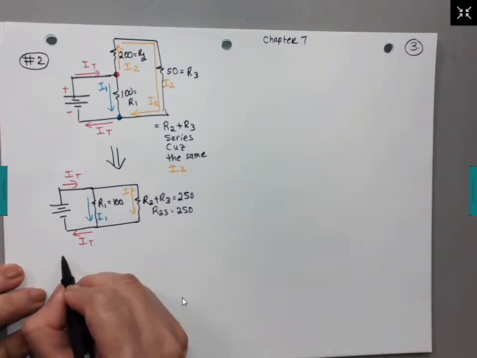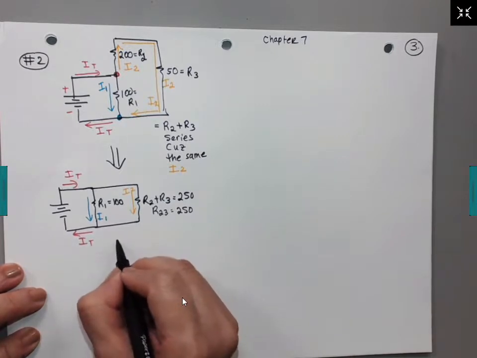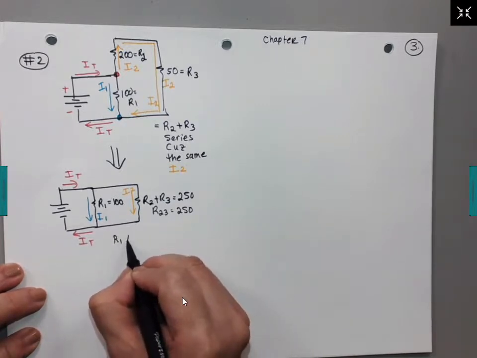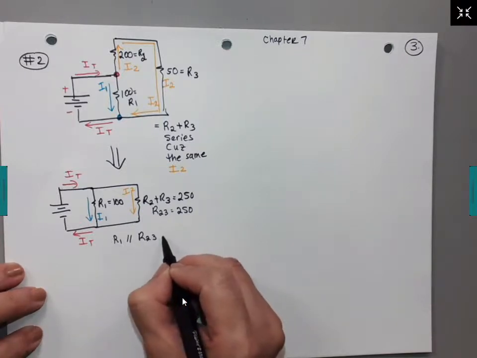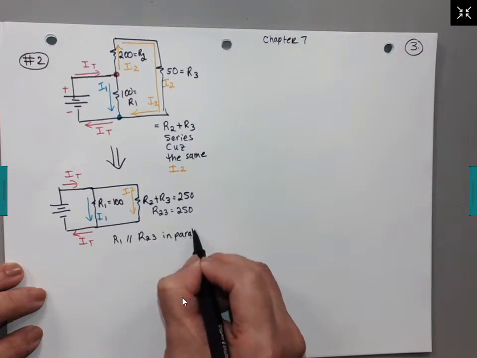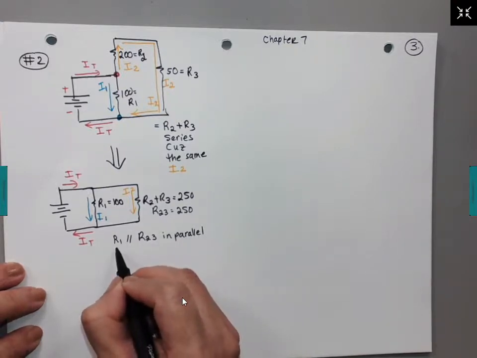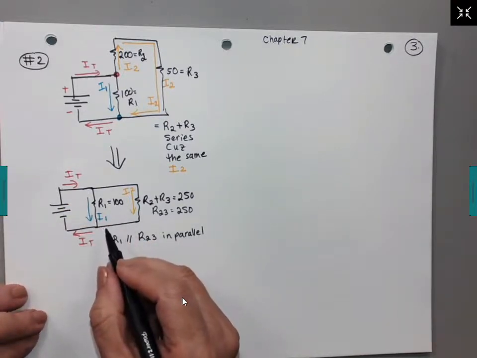So RT, if they're in parallel, so you're telling me that R1 is in parallel with R23, yes? Because why? They are in parallel because they share 2 points and they have different currents.